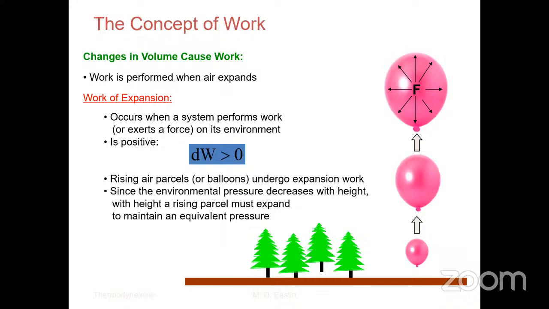And so what happens? Then the system starts doing work on the environment. The balloon is expanding and pushing the environment, as you can see here. So it can keep on going. The higher it goes, the more it expands, because there is less pressure on the balloon.